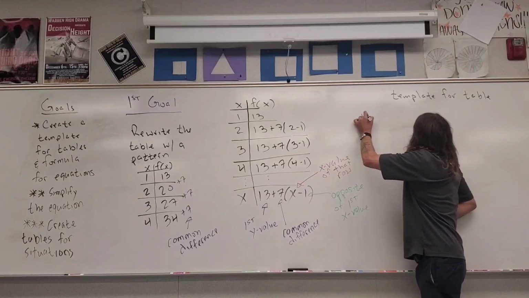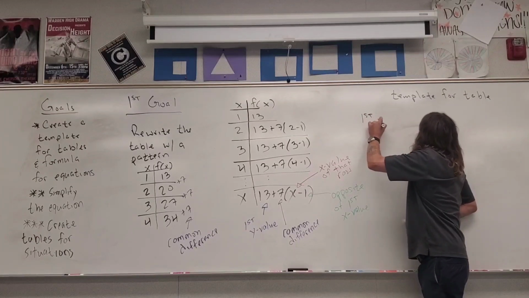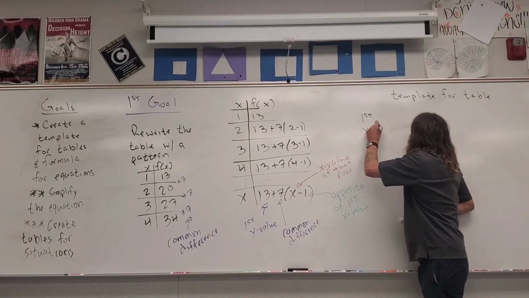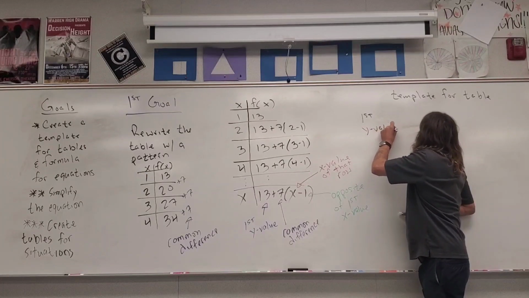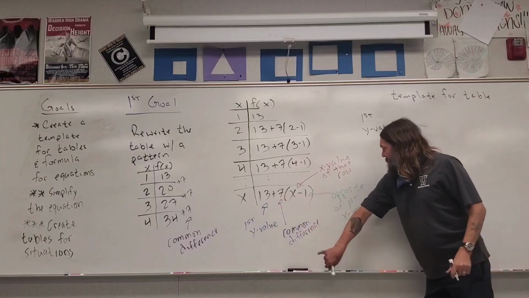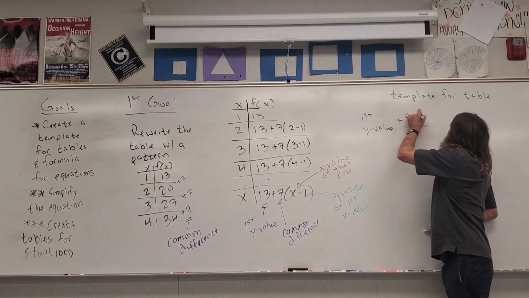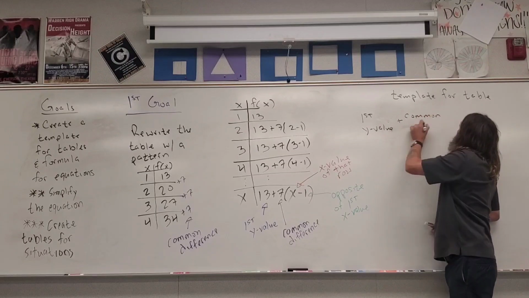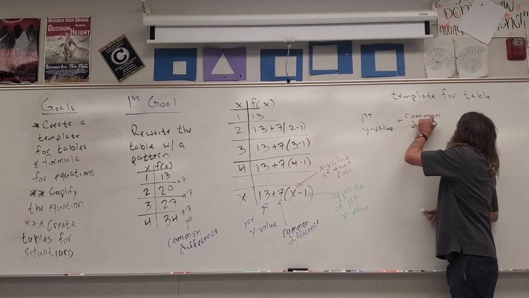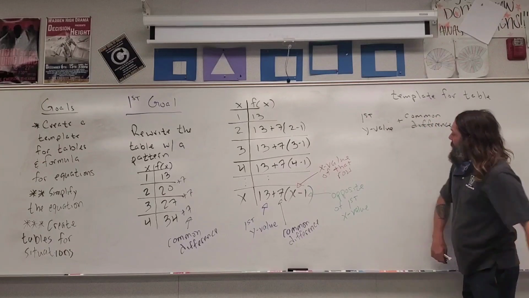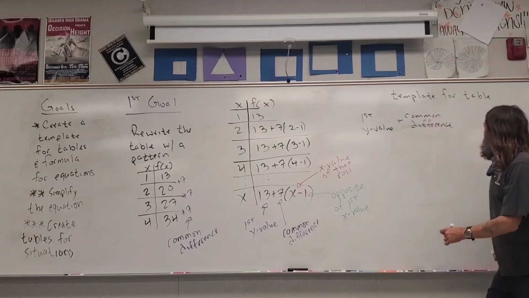It's going to be the first y value plus the common difference, parentheses.